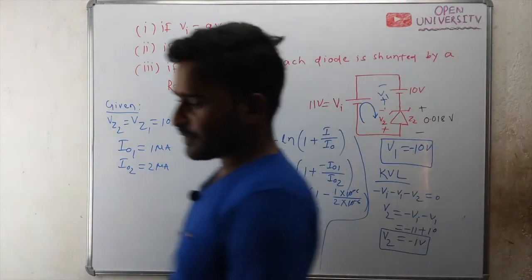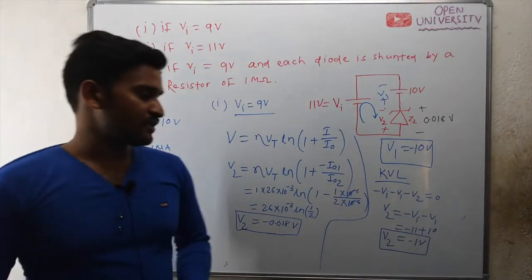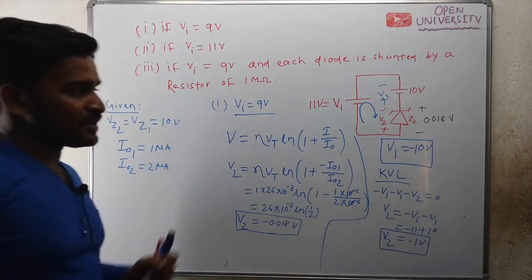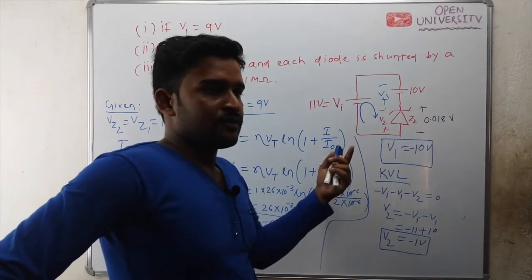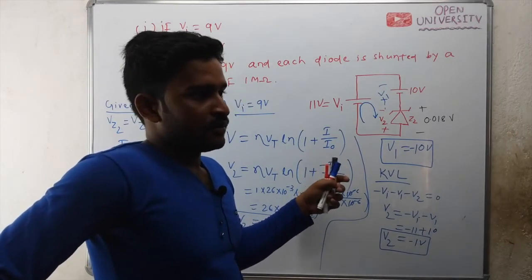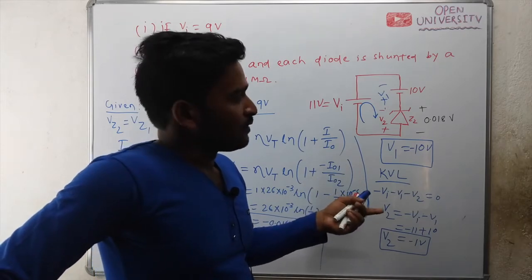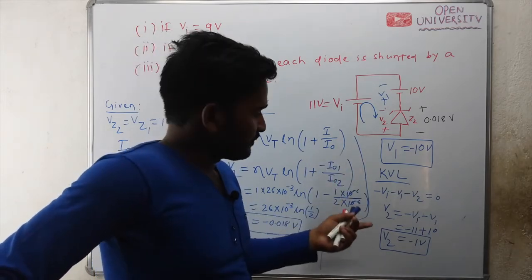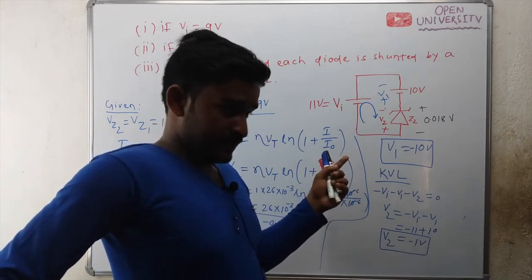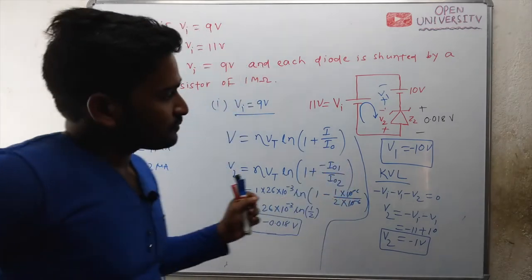So V1 value is minus 10 volt and V2 value is minus 1 volt. So first find out the voltage across V2 by using the diode equation, then apply KVL, then get the voltage across V1, then check whether Z1 is in breakdown or not.